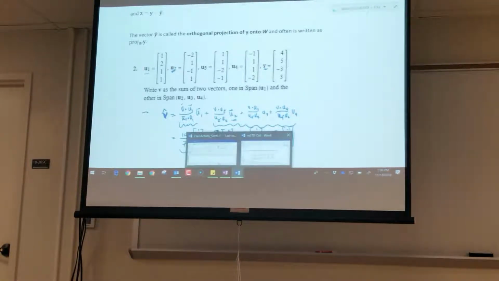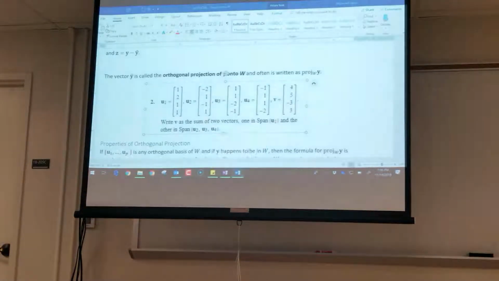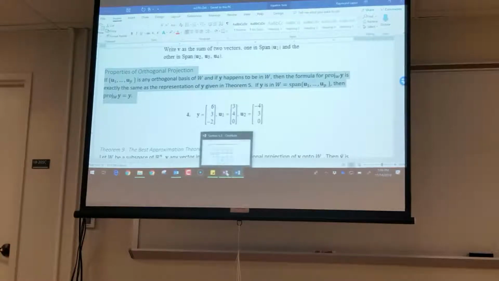This is a property of an orthogonal projection.